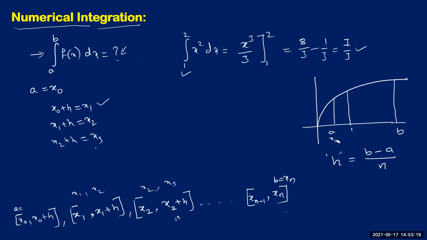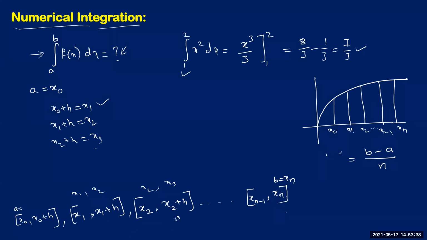Now see, when you divide this into n subintervals, you got some x0, then some x1, then let us say some x2, and so on. You got some last points here, and here this is xn minus 1, and the last one here is xn.